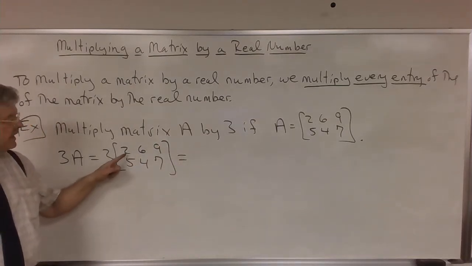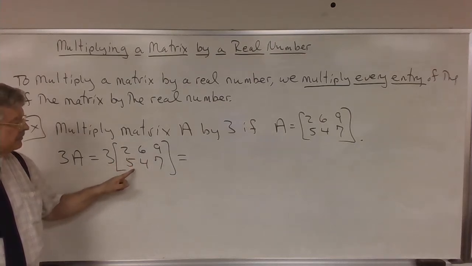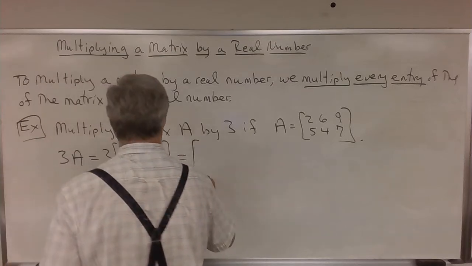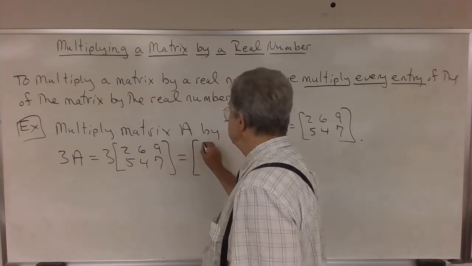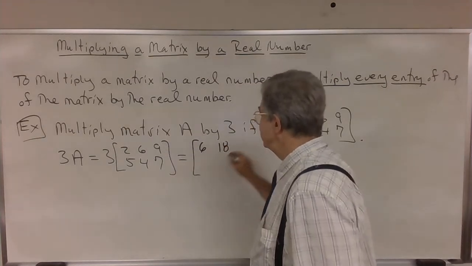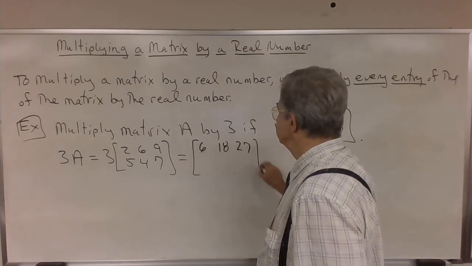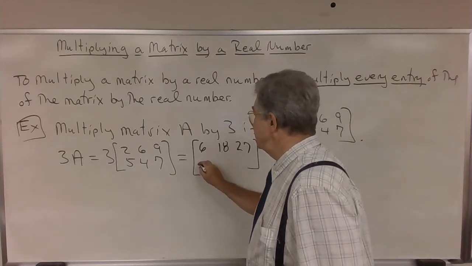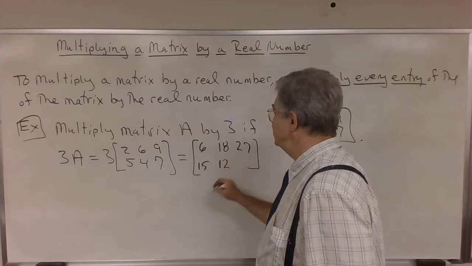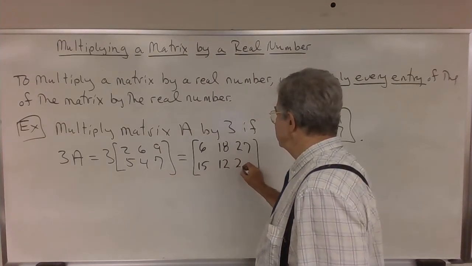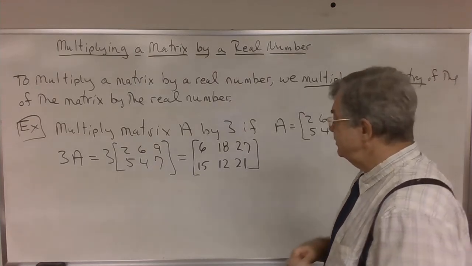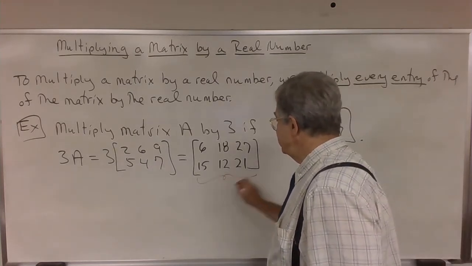And we actually take each element in the matrix and multiply it by 3. So 3 times 2 is 6, 3 times 6 is 18, 3 times 9 is 27, 3 times 5 is 15, 3 times 4 is 12, 3 times 7 is 21, and this is it. This is 3 times A.